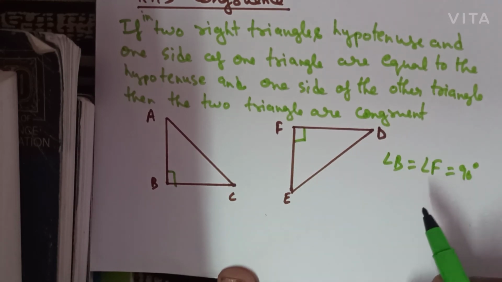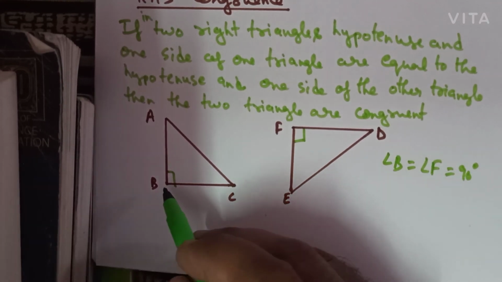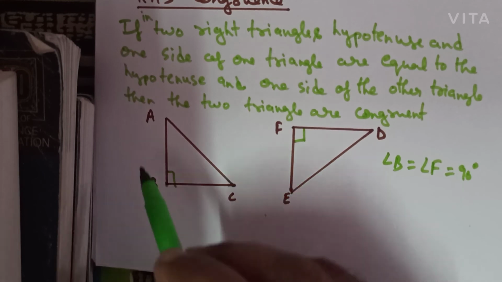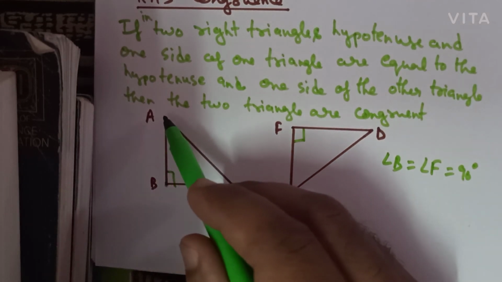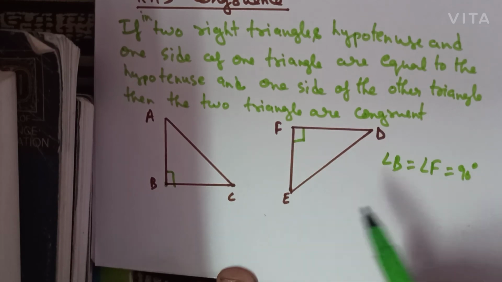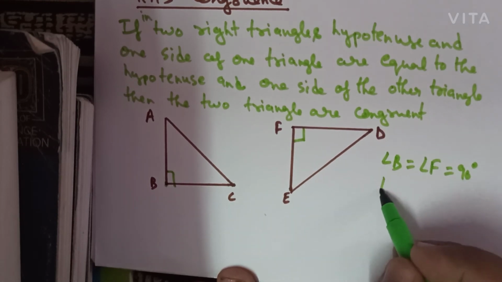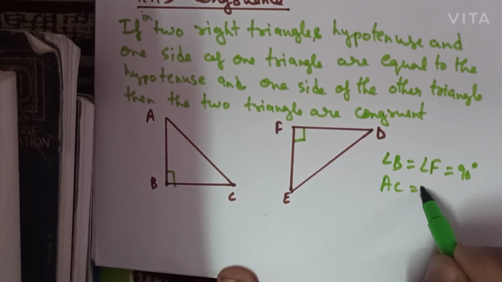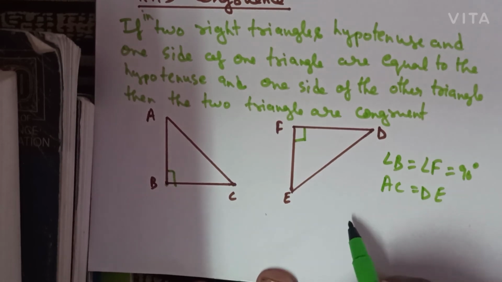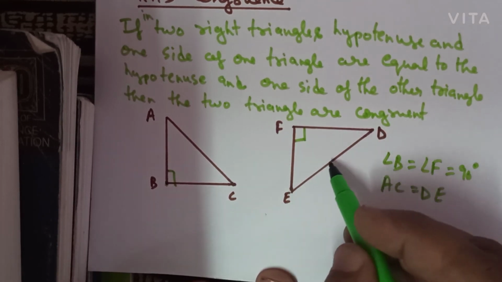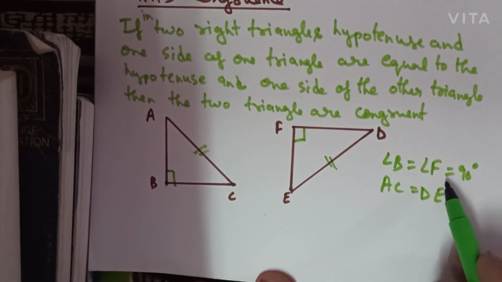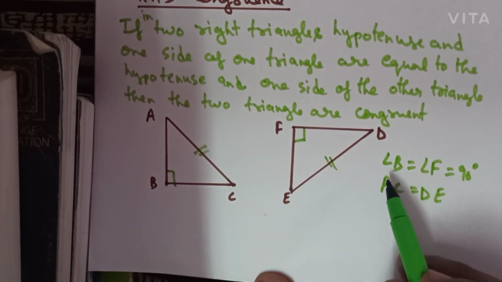So if we are moving from vertex B to vertex A, then it is AC, and from vertex F moving to D, then it is DE. So AC is equal to DE, the hypotenuse is equal, and one angle is equal, that is the 90 degree right angle.